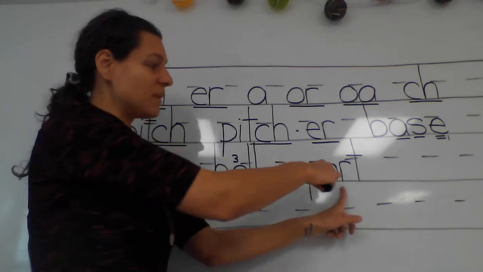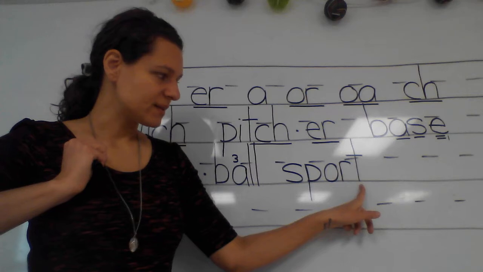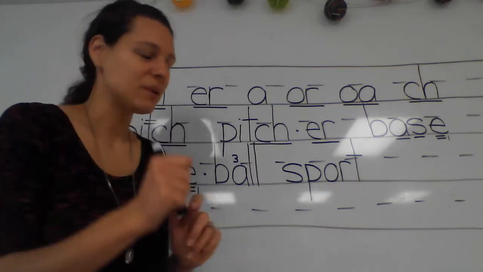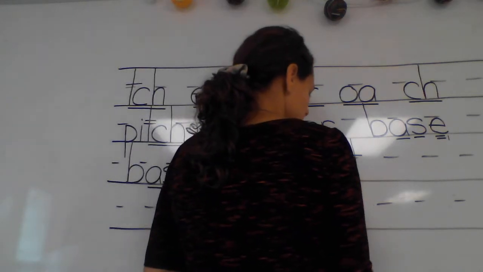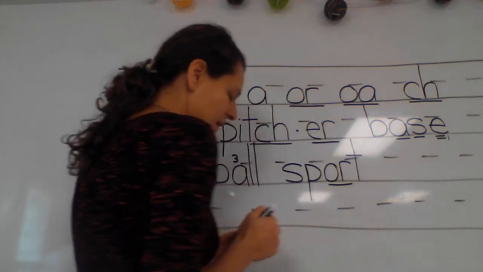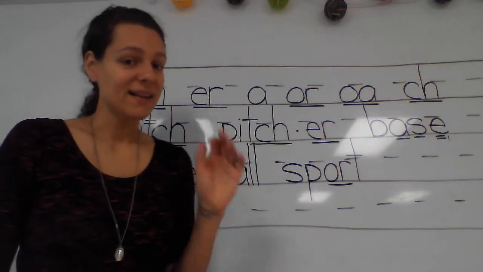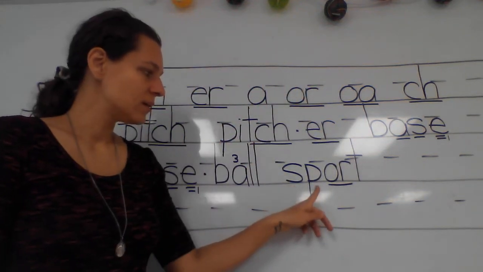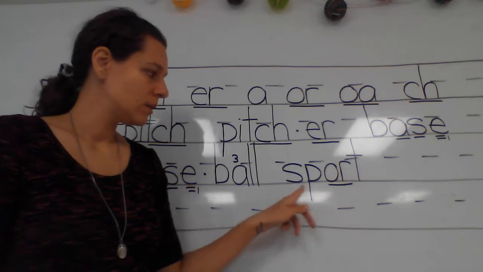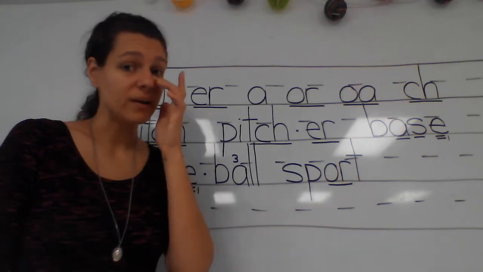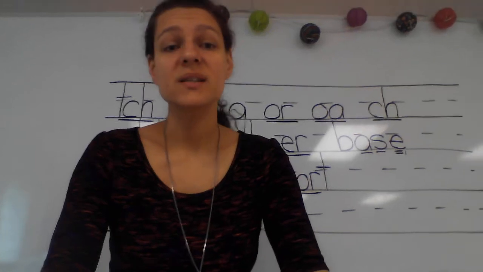Good. We need both those letters to say or, and how about this? All right, pick up your pencil. All right, let's read our word. Good, sport. All right, the next word is coach.